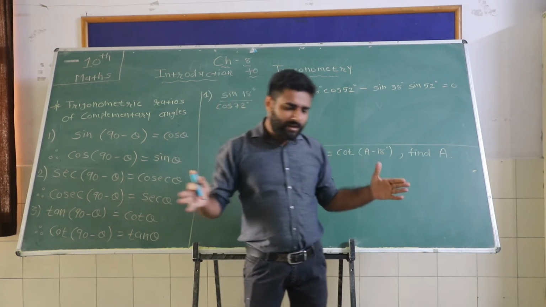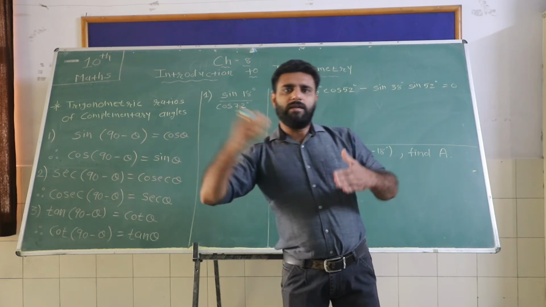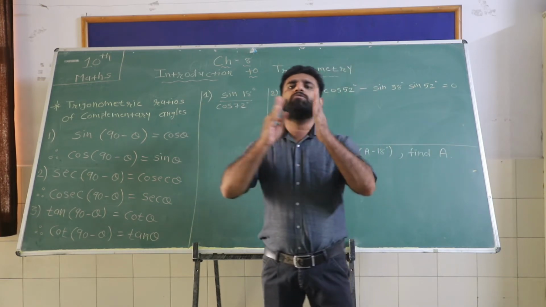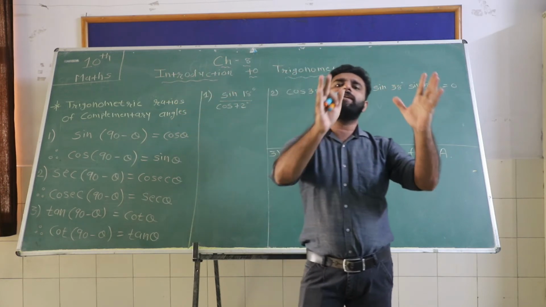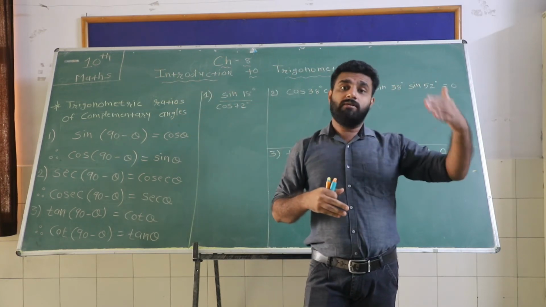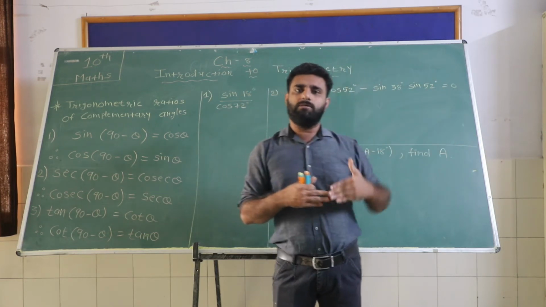So overall, sin 30 and cos 60 have the same value because 30 plus 60 is 90. You can verify the values of sin 30 and cos 60 from the table.